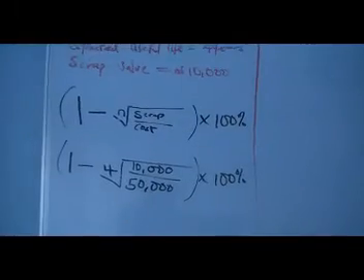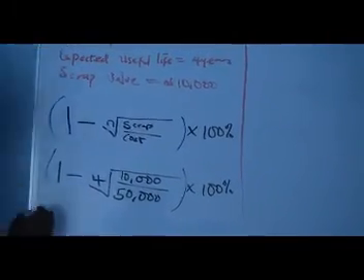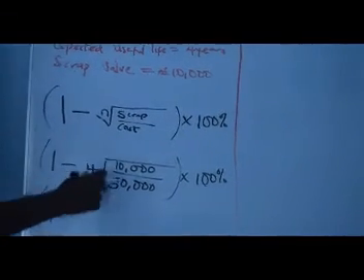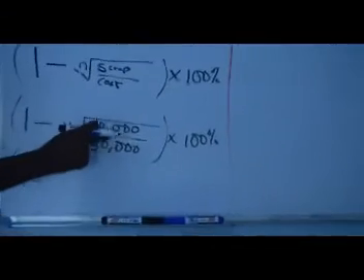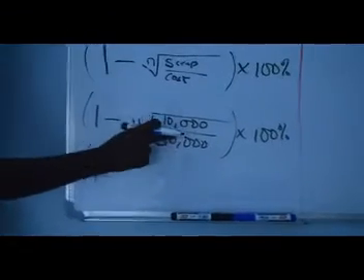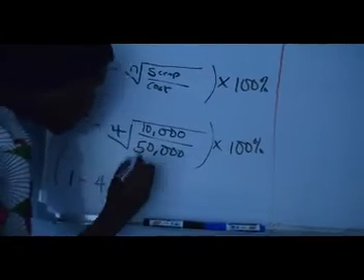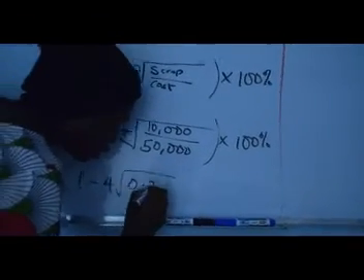Okay, now let's go further. 1 minus, now quickly I will solve this. This 10,000 divided by this 50,000, so we'll be having the fourth root of 0.2.